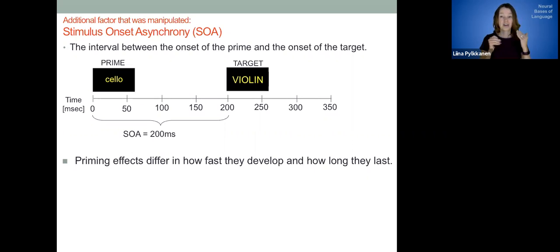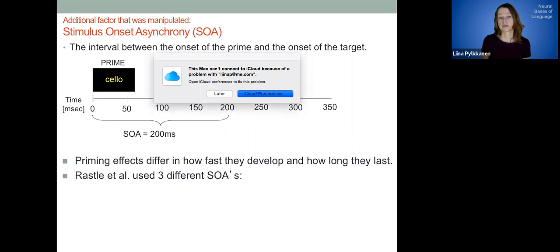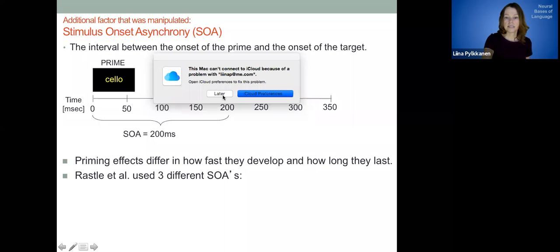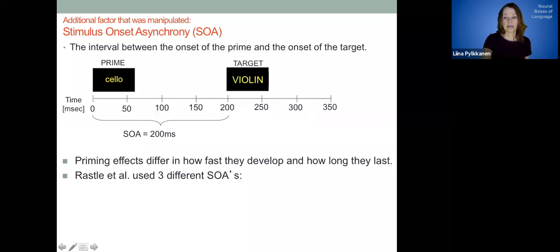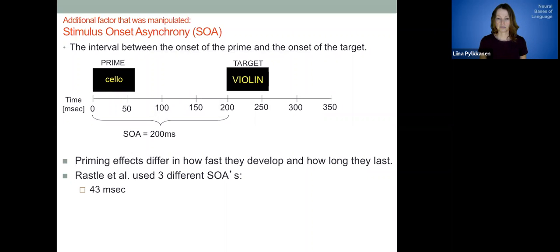In particular, identity priming effects are super robust and long lasting. And basically, all other priming effects die down relatively quickly. So in this study, they used 3 different SOAs in order to assess the speed at which the priming effects develop and also how long they last. Specifically, they used 43 milliseconds.